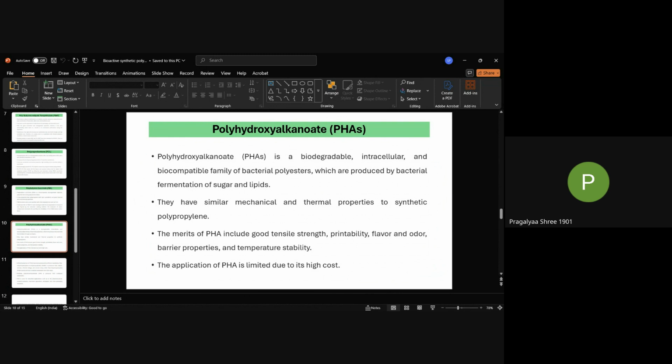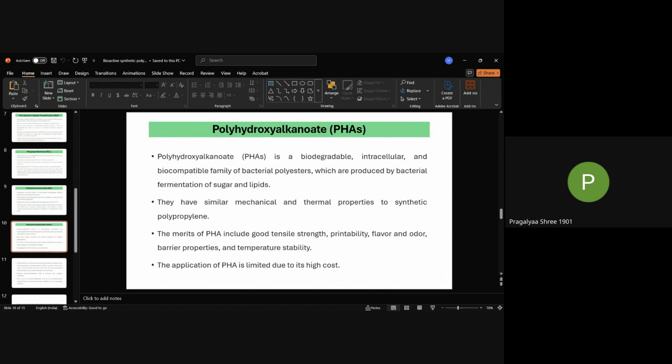The next category is polyhydroxyalkanate. Polyhydroxyalkanate is a biodegradable, intracellular, and biocompatible family of bacterial polyesters. They are bacterial-derived polyesters produced by bacterial fermentation of sugar and lipids. They have similar mechanical and thermal properties to synthetic polypropylene: high crystallinity, high barrier and thermal properties.